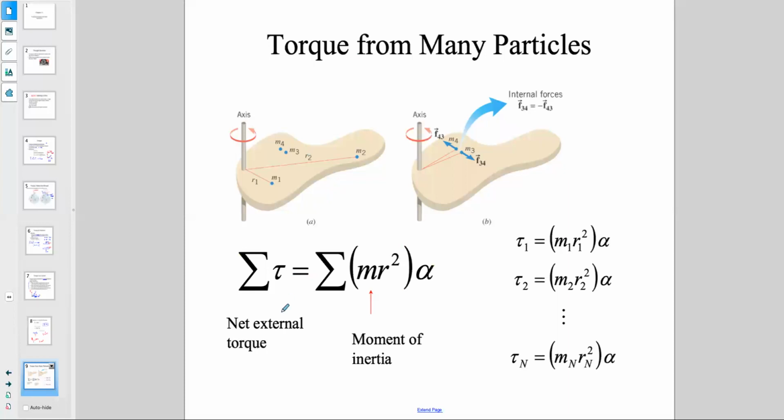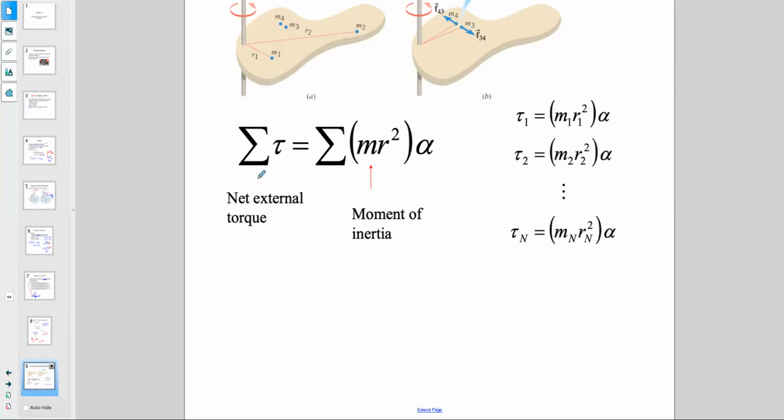If we consider that these objects are not interacting with one another, and the only force being applied to these objects, or to the system of objects, is an external force, then I can write that the total or external torque acting on this system is equal to the sum of all the moments of inertia times alpha, which is the rotational acceleration.